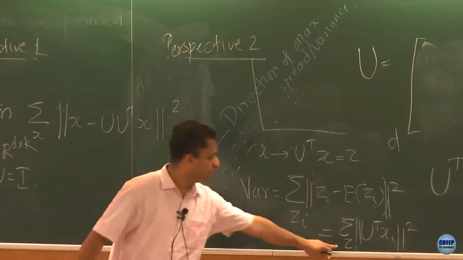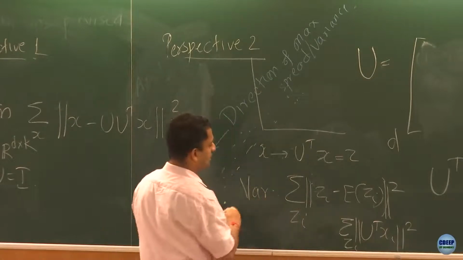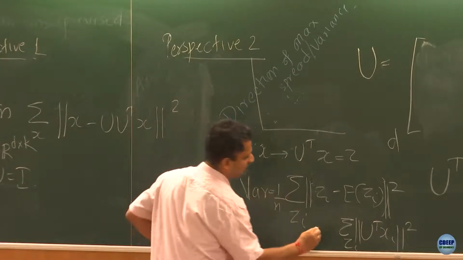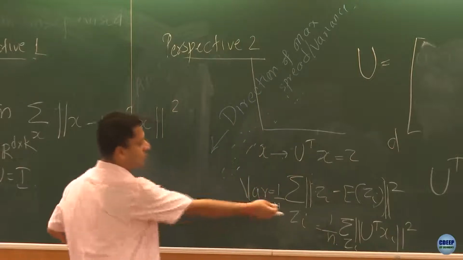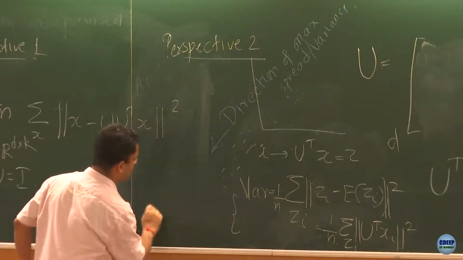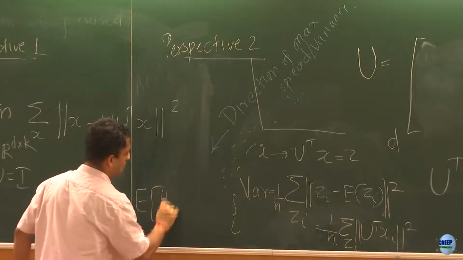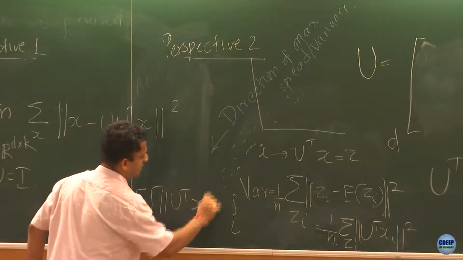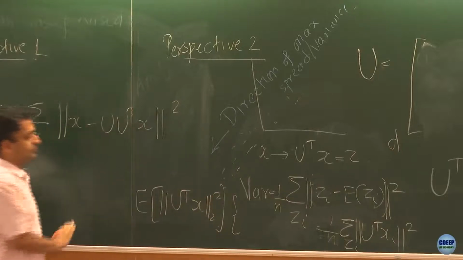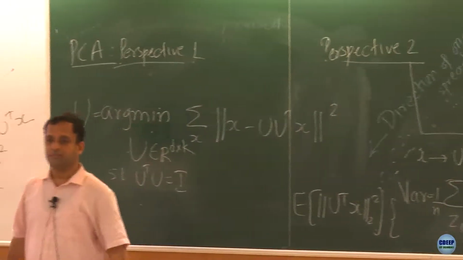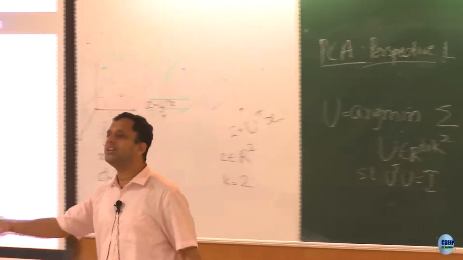And variance, of course, will require division by n. So instead of talking about all of this, I will just say variance is the expected value of the norm square of U transpose x. That is variance. Expectation will take care of the division by n.